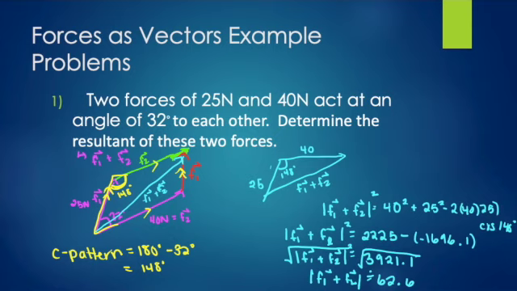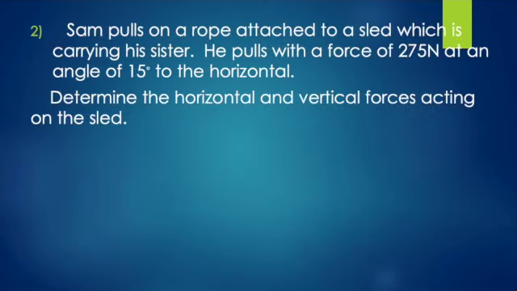Okay, so our next example with a force as a vector is: Sam pulls on a rope attached to a sled, which is carrying his sister. He pulls with a force of 275 newtons at an angle of 15 degrees to the horizontal. Determine the horizontal and vertical forces acting on the sled. Okay, so let's take a look.